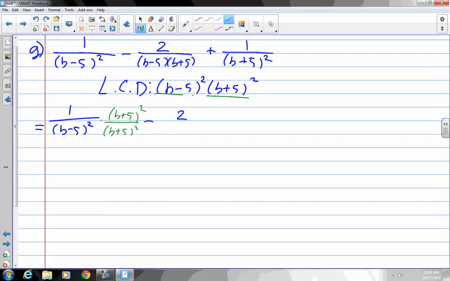Minus 2 times b minus 5, b plus 5. What are we missing there? Yes, one of each, right? So b minus 5, b plus 5. So I have to multiply by b minus 5, b plus 5 over b minus 5, b plus 5. And finally, the last one is missing b minus 5.